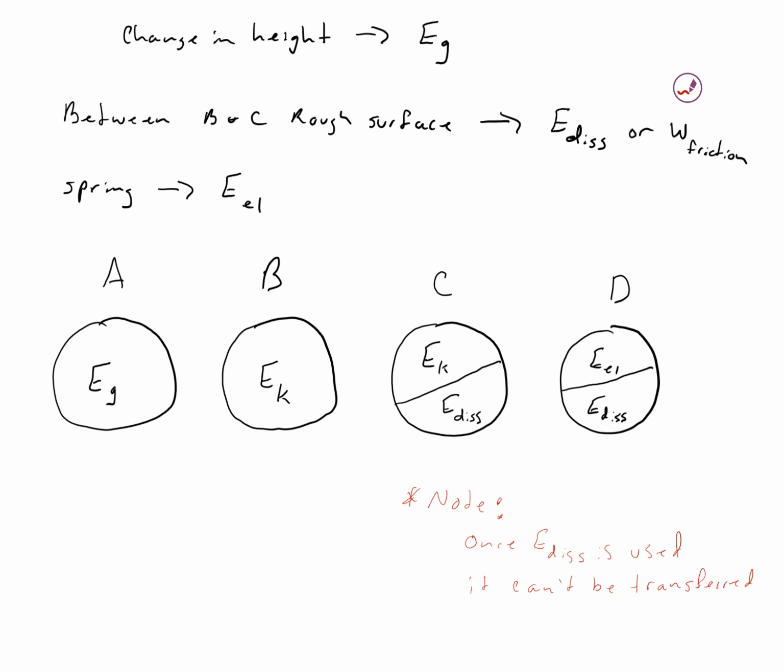So we'll write that as once E dissipated is used, or dissipated energy is used, it can't be transferred back to any other type. We'll say any other storage mechanism.